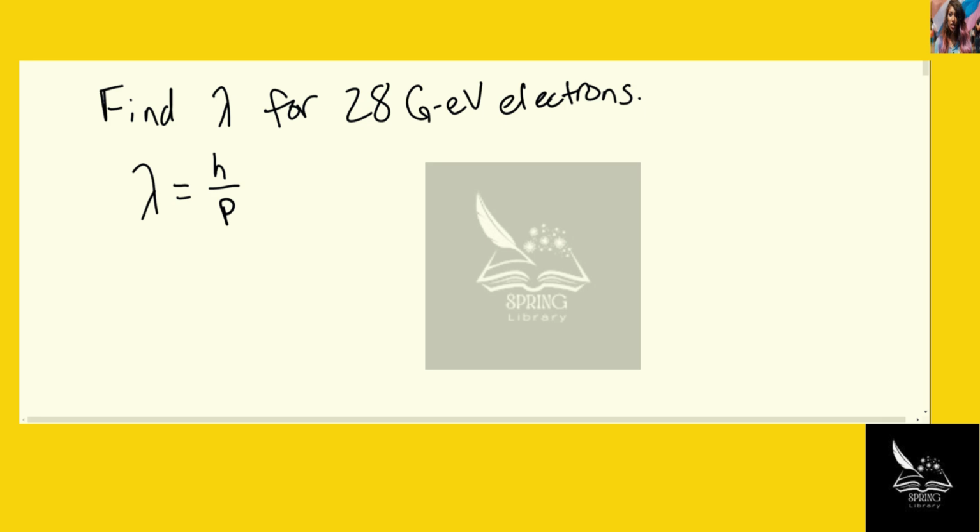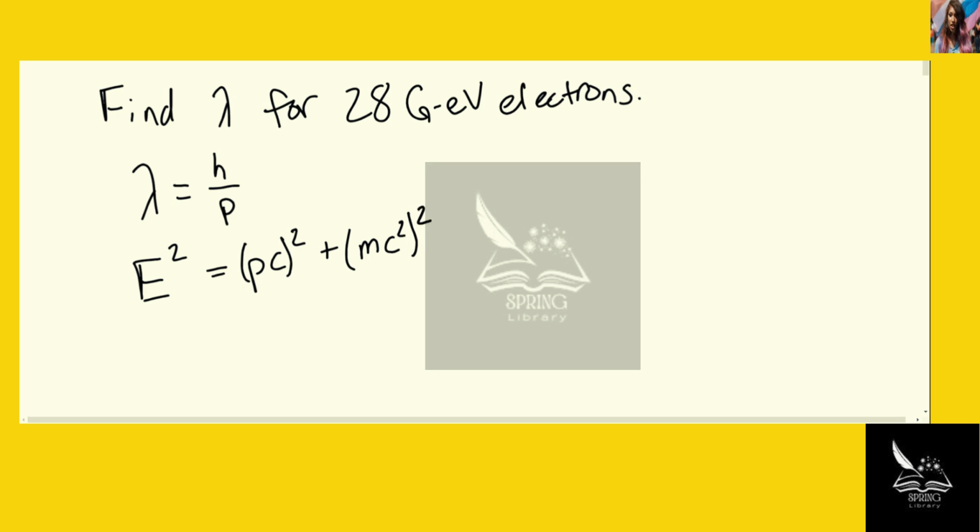And to find this momentum, we can use equation 26.9 from the textbook. This relates energy squared to the energy from momentum squared plus the energy from the mass, or the rest energy, squared.